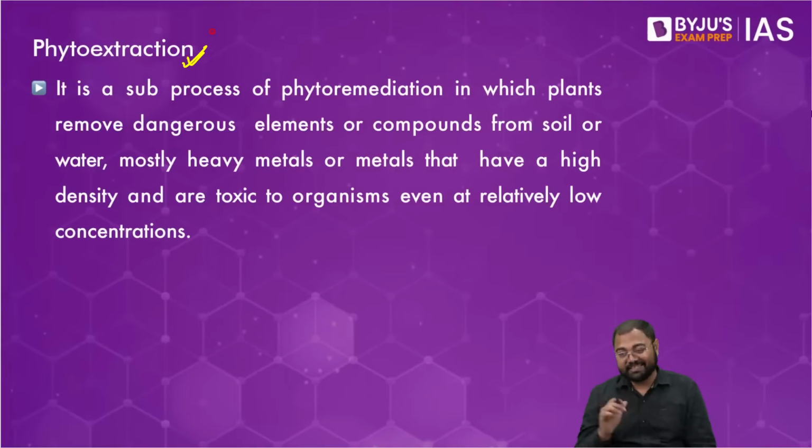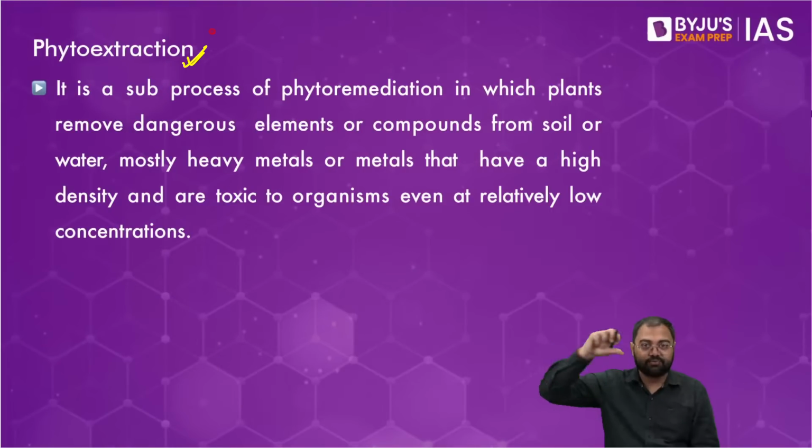Similarly, there is a sub part of phytoremediation called phyto extraction. When we say phyto extraction, the meaning is that it is trying to extract something out of the soil.